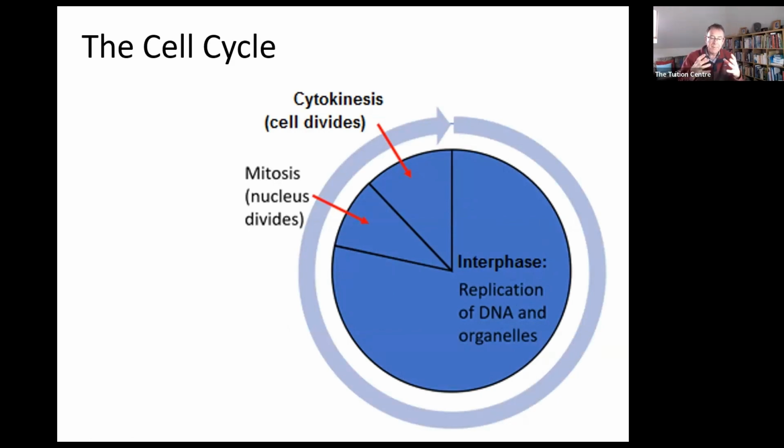Because the cell has its full set of DNA and it's going to split in 2, if that's going to work, then all of the DNA has to be copied first, so that there are 2 full copies of the DNA just before the cell splits in 2. Just before we can have the nuclear division followed by cell division, we've got to have this DNA replication. All the DNA has to be copied, because one new cell has got to have a full complement of DNA, and so does the other new cell.